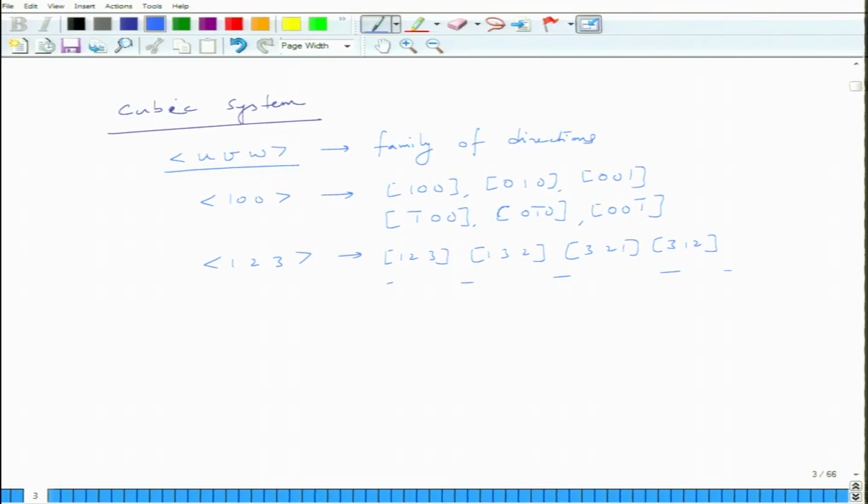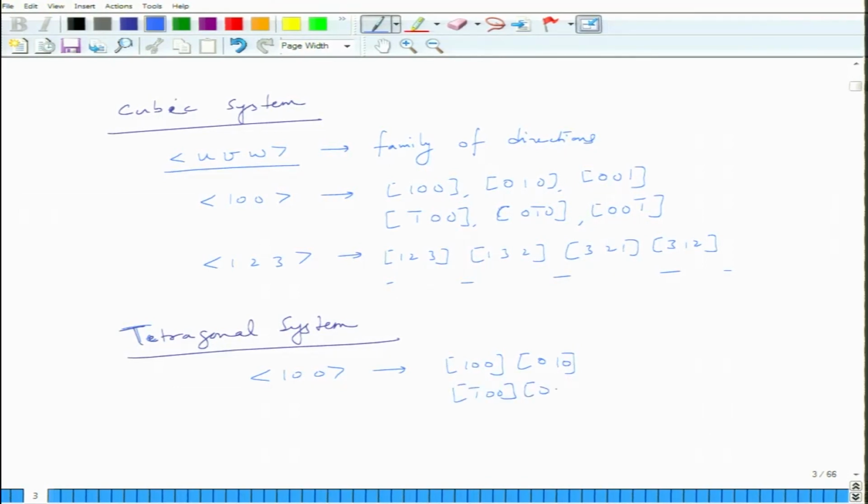Similarly, in tetragonal system, 1 0 0 will mean only 1 0 0, 0 1 0, bar 1 0 0 and 0 bar 1 0, and 0 0 1 would mean 0 0 1 and 0 0 bar 1, because the translation along those two is different.